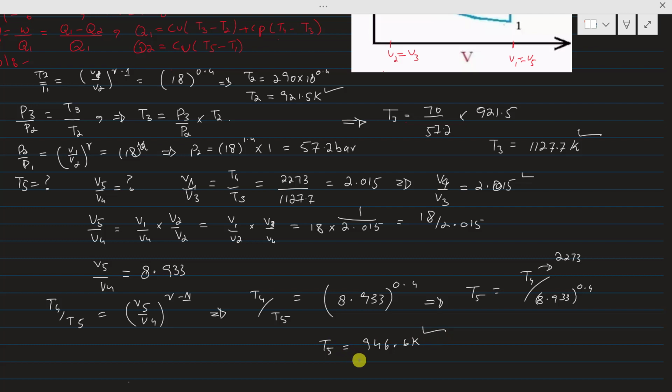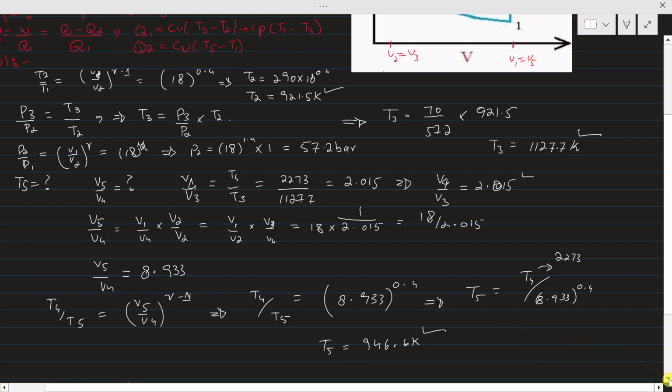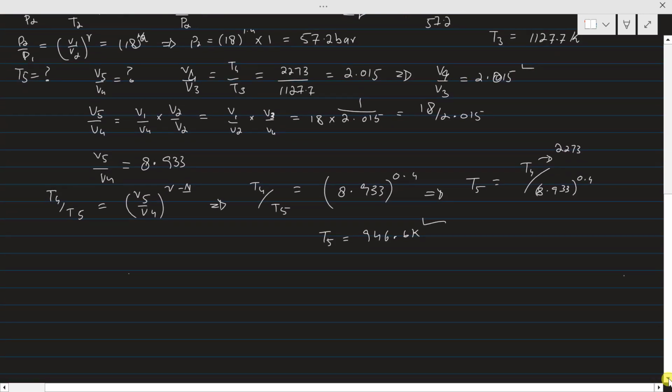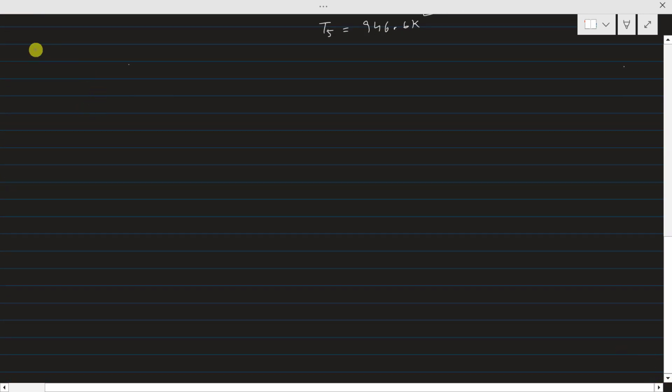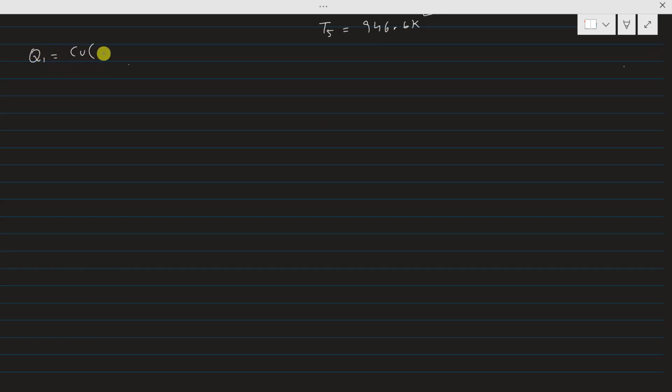So all the temperature values at every corresponding point have been determined, and some are given, so we can easily calculate the heat that is supplied. So here I can write that the heat that is supplied is equal to Cv into T3 minus T2 plus Cp into T4 minus T3. So the heat that is supplied, I'm just writing in the corresponding value. What is T3?